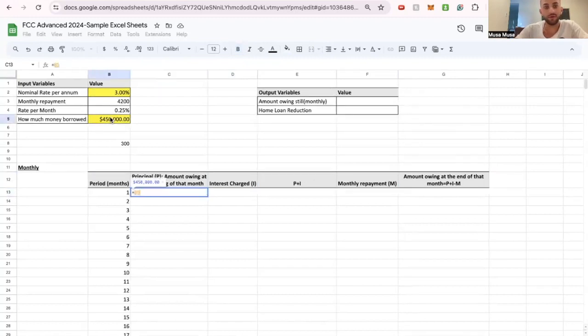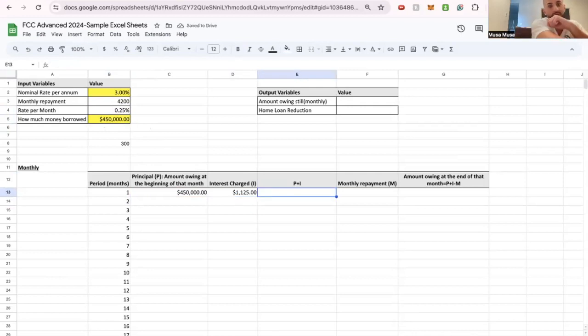So at the beginning, how much did they owe? Well, they borrowed 450,000, so go equals and then click that number. Interest charged is going to be that number times the rate per month. Make sure to fix this, because we're always going to be referring back to that number. Let me make sure that number is correct. Yeah. So interest plus the principal is going to be that plus that.